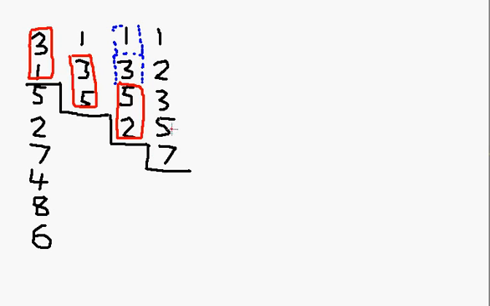Okay, we'll change to red. I'm going to look at the 5 and the 7. No swaps need to be made there. So I can write 1, 2, 3, 5, 7, and now I drop down to include the 4.